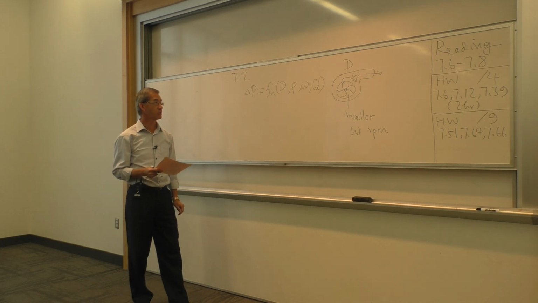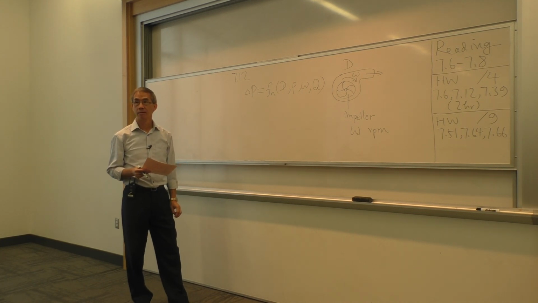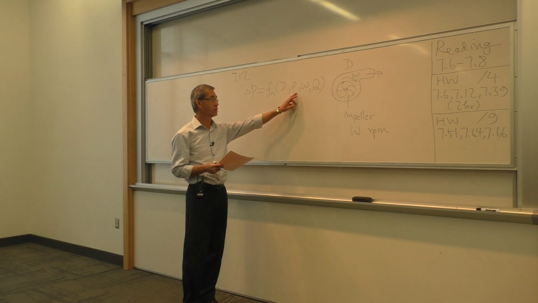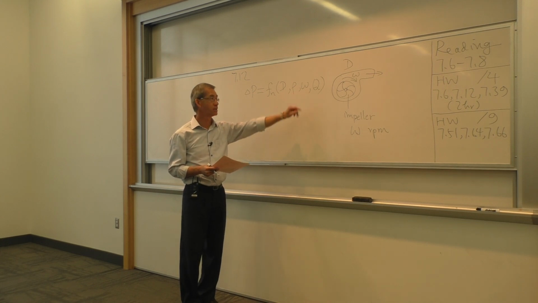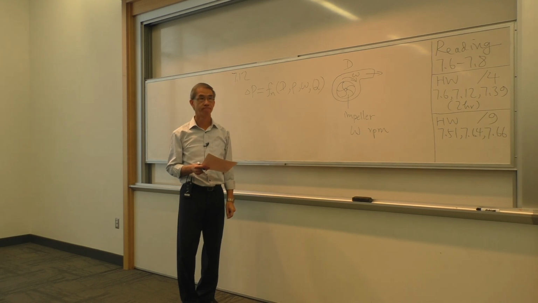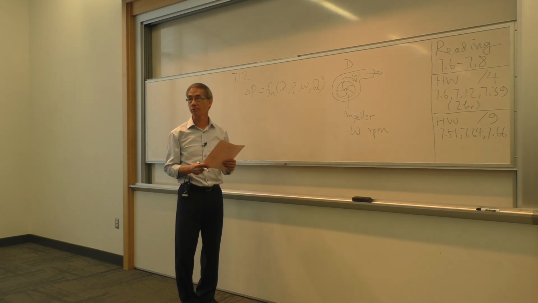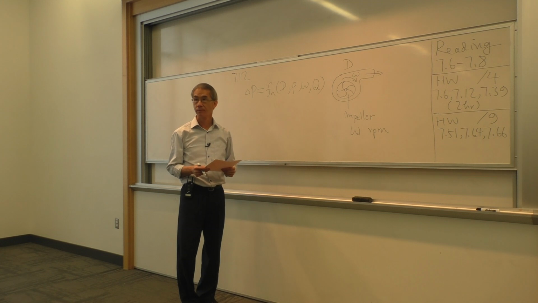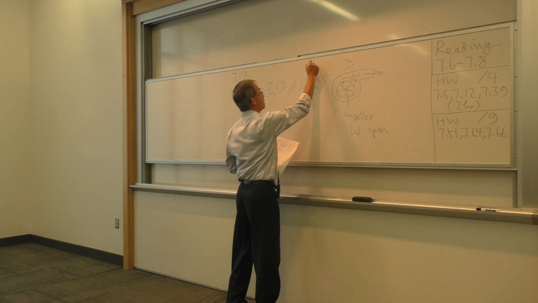The size, diameter, the type of fluid in terms of the density, how fast it's spinning, and someone remind me, what does the nomenclature Q stand for? Volume flow rate.